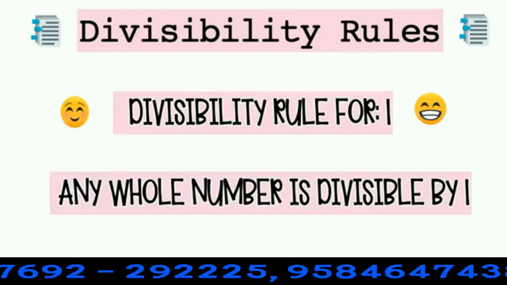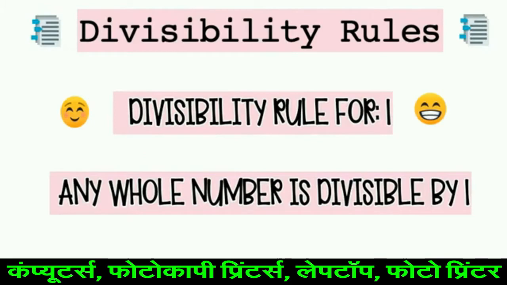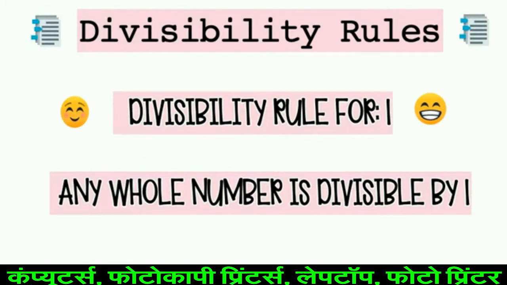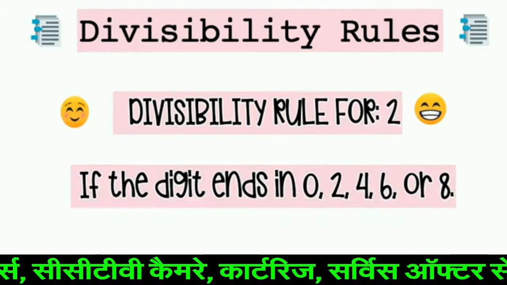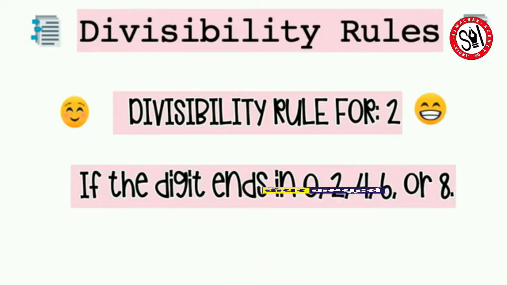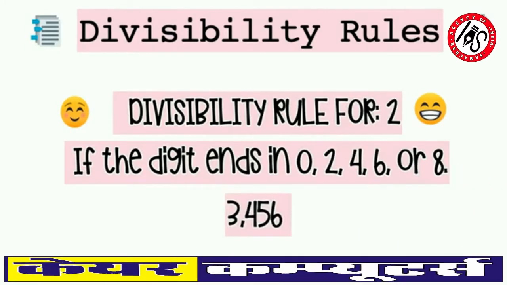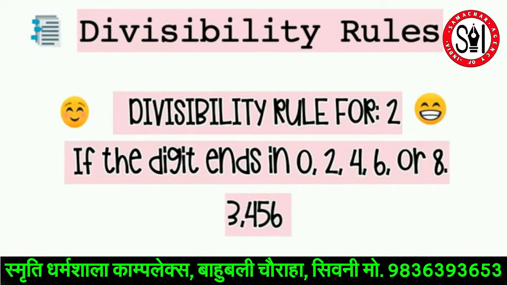Any whole number is divisible by 1. Make it a billion, a million, 3,058. The divisibility rule for number 2 is if the digit ends in a 0, 2, 4, 6, or 8. So let's take 3,456 as an example.